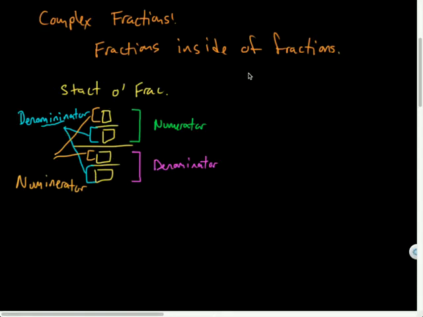But there is technically a different type of complex fraction, which I guess I don't have a good name for. It occurs when you have a sum or difference of fractions in fractions.